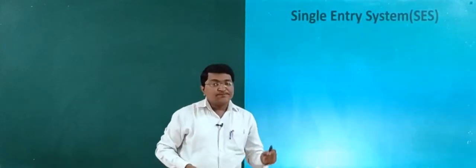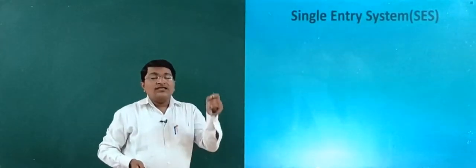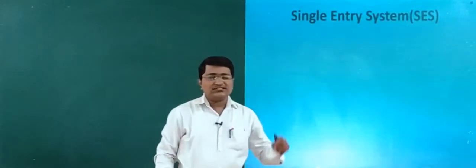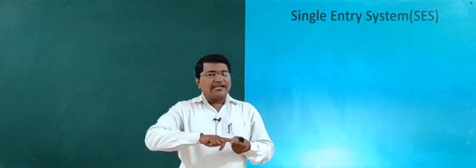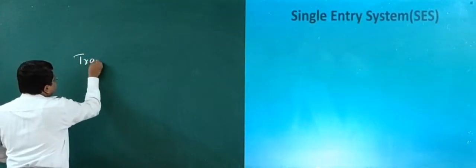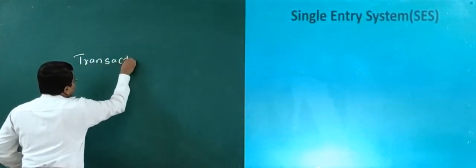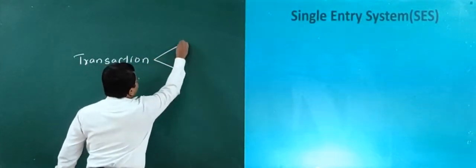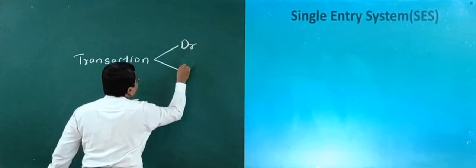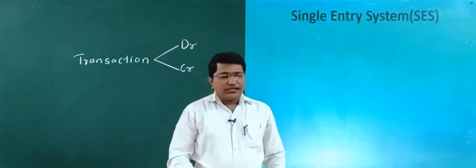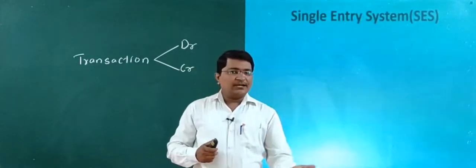As per accounting rule every transaction must have two entries, one debit entry and another credit entry.